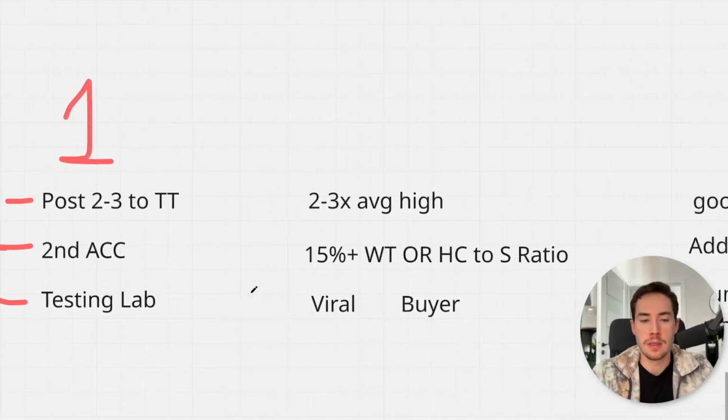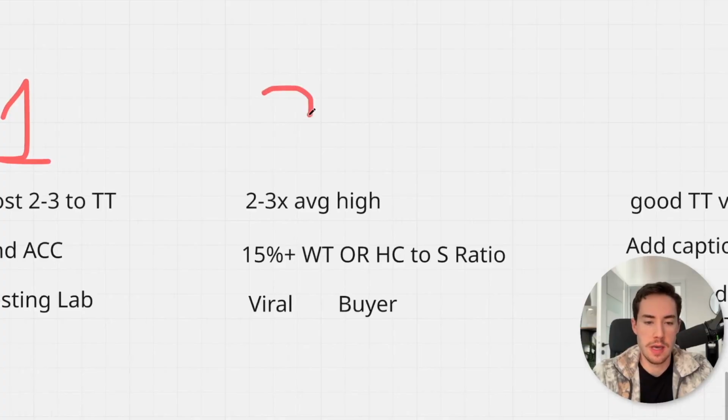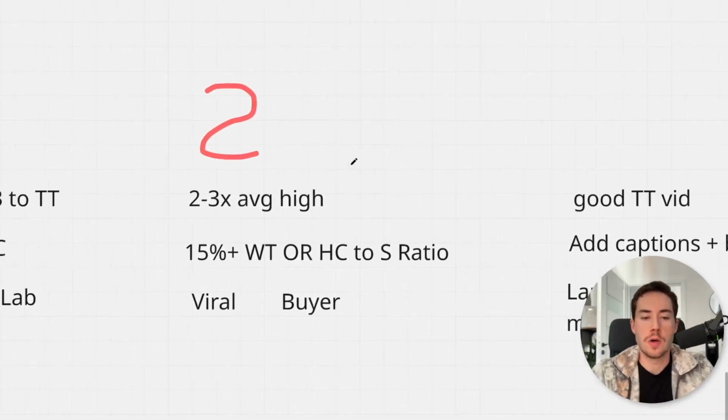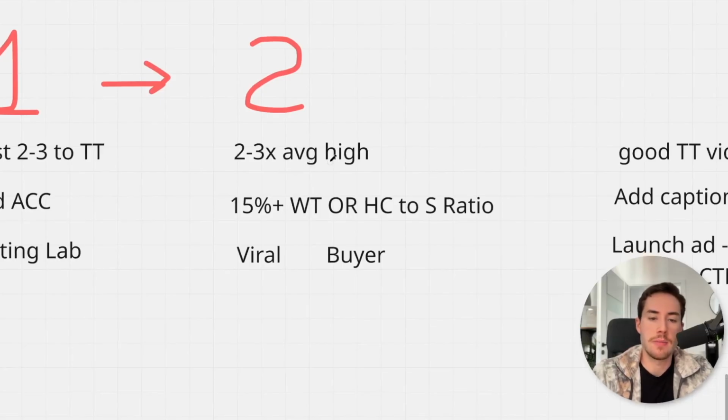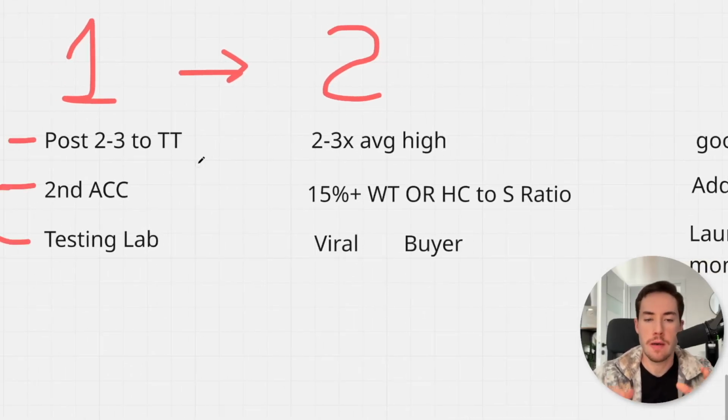All right. Now, let's move on to step 2. So when you're posting these videos, right, you're going to be posting for a couple different days, maybe a week or more. Then when you get a video that has 2 to 3x higher views than average compared to the previous videos. So let's just say you have like 14 videos total that you posted.